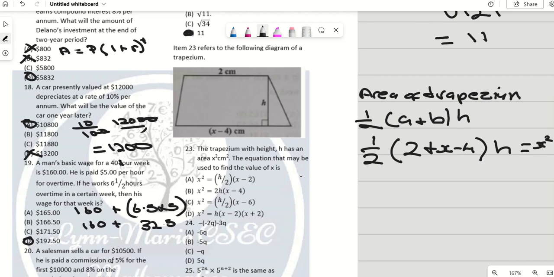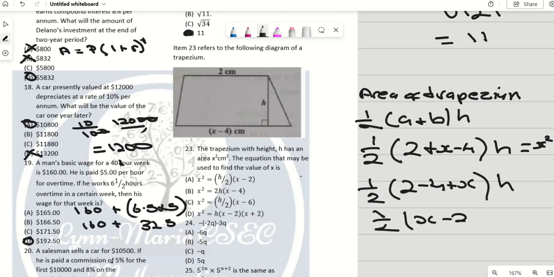So let's see what they have here. So let's rearrange this. This is a half, open bracket, that's 2 minus 4 plus x by h. That's a half by x minus 2. 2 minus 4 is minus 2. So instead of putting minus 2 plus x, I just put x minus 2 by a half.